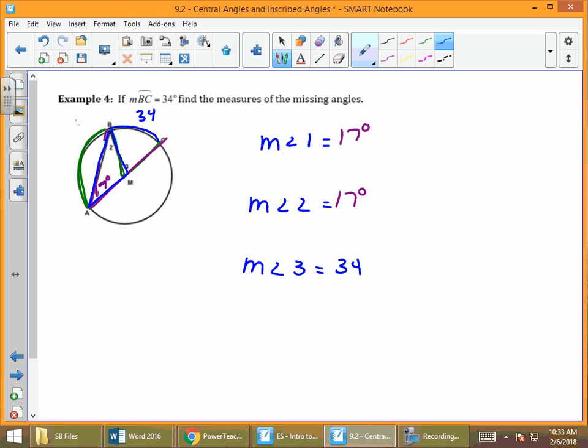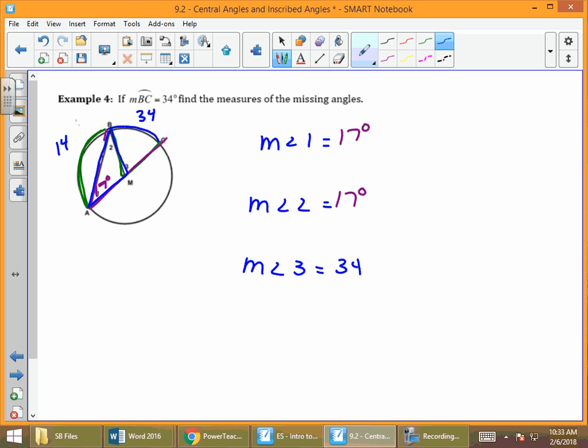One way is to see, oh, I have a semicircle. I know this middle angle is the central angle. So if I can find its intercepted arc, I know the measure of that central angle. What is the measure of this intercepted arc? If this is a semicircle, and part of it's 34, what does this green piece have to be? 146.